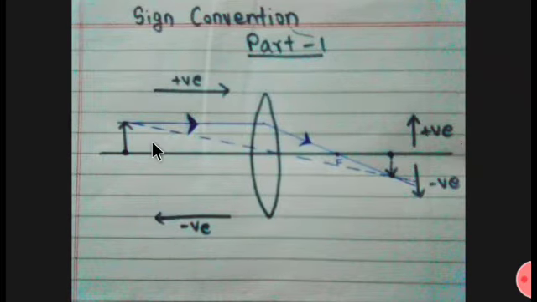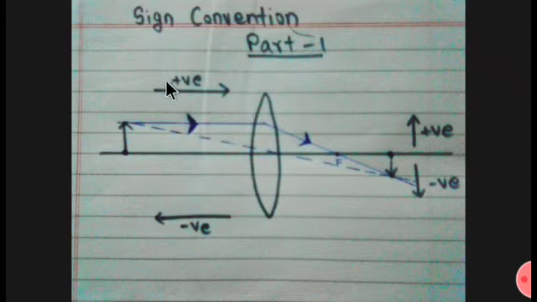Let us see what the sign convention is. Why did I write this direction as positive and this direction as negative? The first rule is that the direction of incident light is taken as positive. This direction is the incident light's direction, so we took it as positive. The opposite direction, from right to left, is taken as negative.